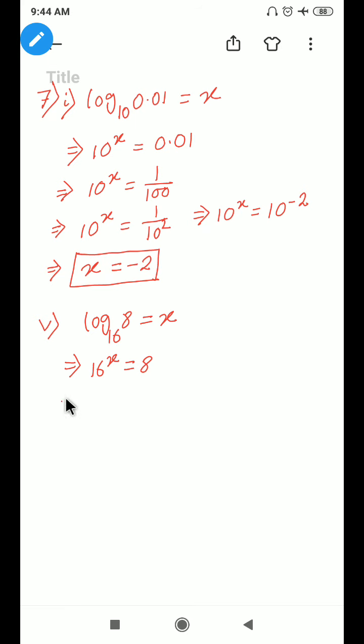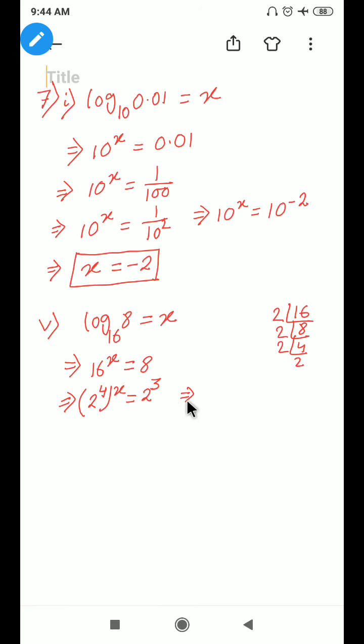Then 16 means 2 into 2 into 2 into 2, that means 2 is there 4 times, 2 to the power 4, then whole to the power x, and here 8 is given, so 8 means 2 to the power 3.